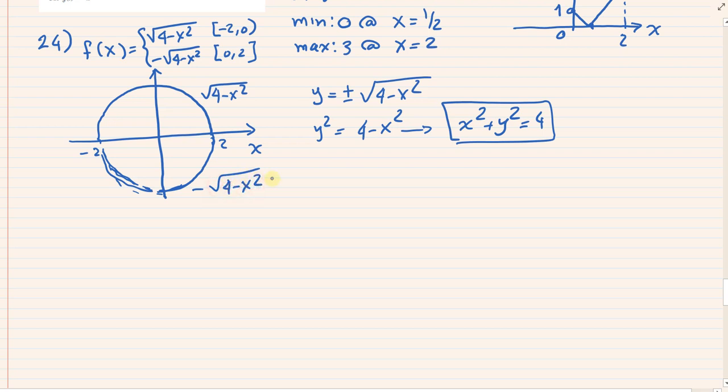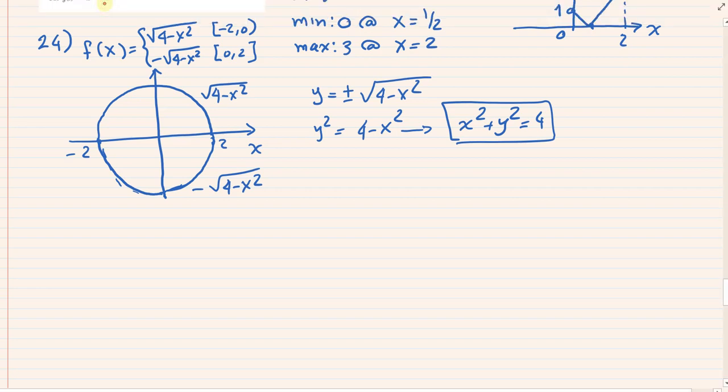So it is possible to actually put those two together and make up the full circle, and that's what the piecewise function does here. Now, the exception is that from negative 2 to 0, we have the upper circle. So that upper circle goes from negative 2 to 0, right?